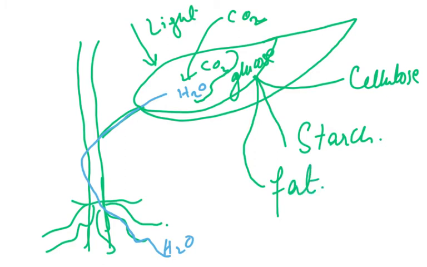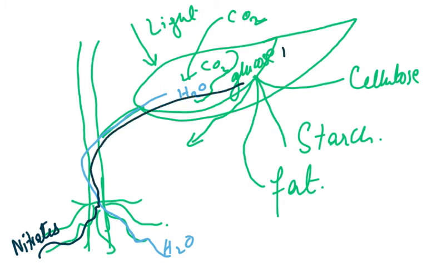But the problem arises: from this glucose, how are we going to make a protein or an amino acid? What we need is nitrates from the soil. Now these nitrates will enter through the roots and come here, plus glucose, plus the nitrates is going to form an amino acid.